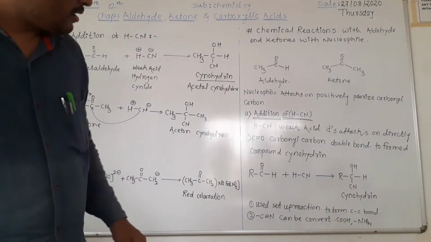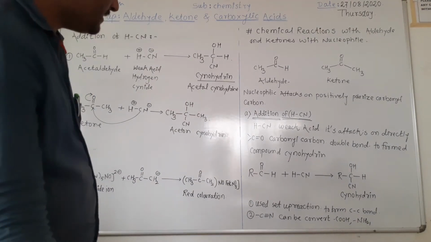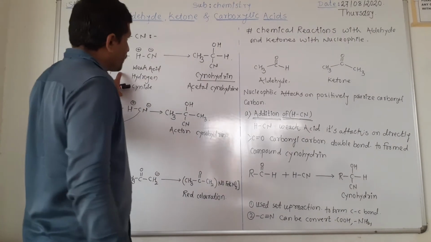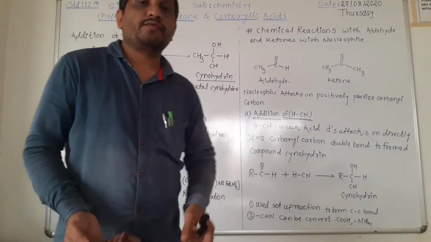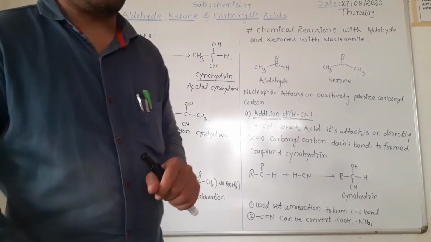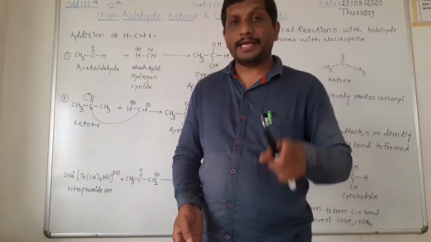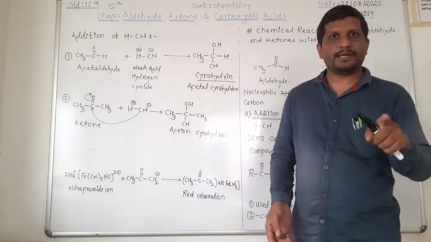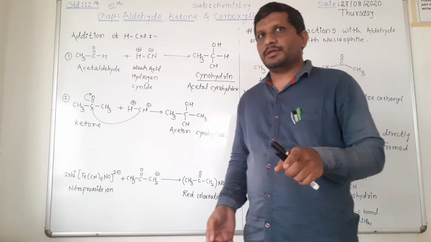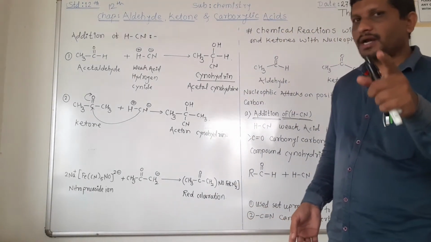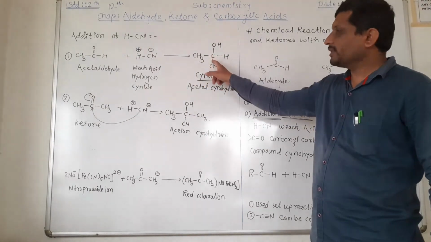Next, some properties are also there. First, this reaction is useful for setting up reactions to form a carbon-carbon single bond. Generally, aldehyde and ketone groups contain carbon-oxygen double bonds, and these double bonds break down to form carbon-hydrogen, carbon-cyanohydrine, or carbon-hydroxide single bonds.